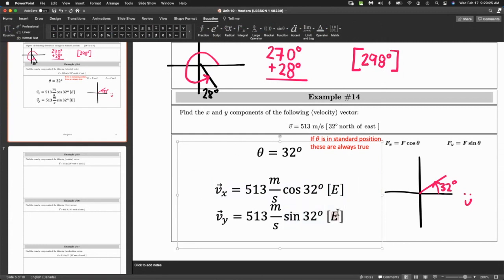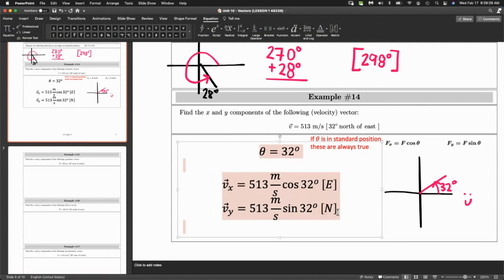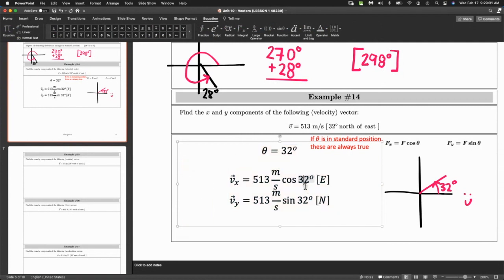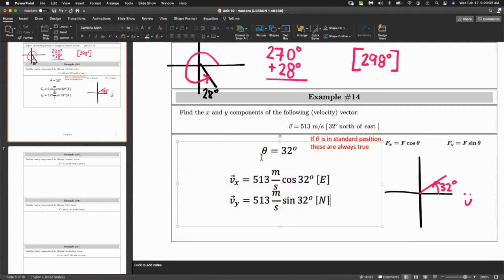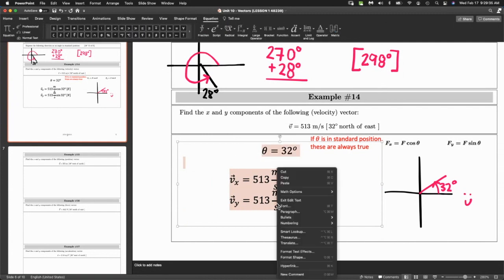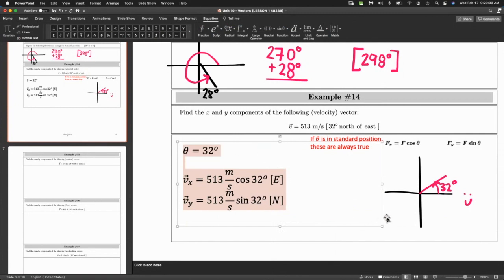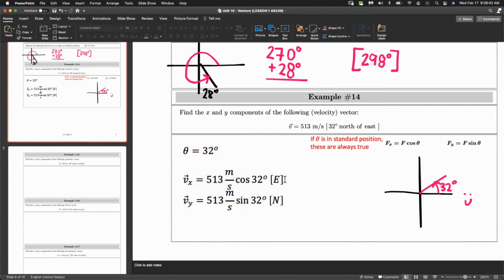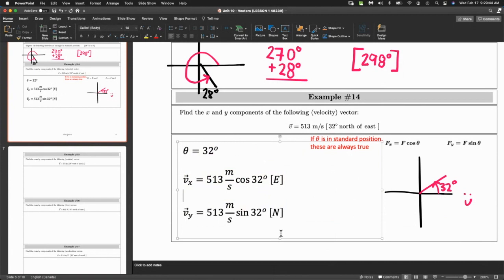Let me know in the chat, please be honest, if you have any questions about what I just wrote on the screen. I want to be careful and clear about everything. Do you have any questions about the three things that I wrote here?